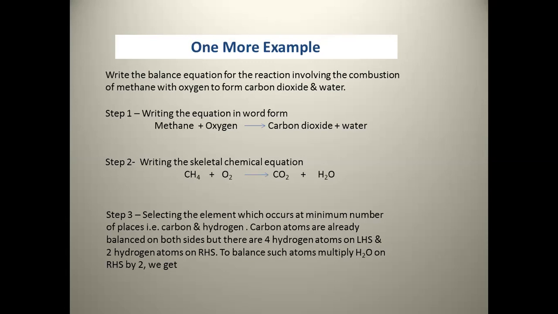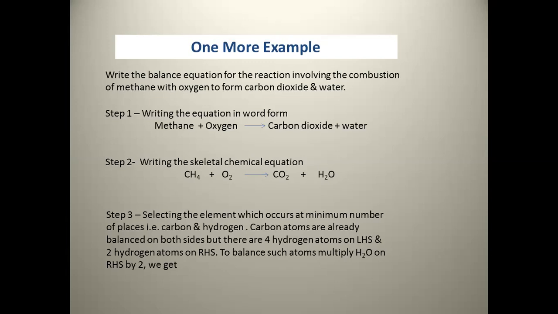On the left hand side, we have four hydrogen atoms, and on the right hand side, we have two hydrogen atoms. So to balance the hydrogen atoms on both the sides, what we can do is multiply our water molecules on the right hand side by 2. Why are we multiplying our water molecules on the right hand side? Because we have to multiply on that side where the number of atoms is minimum.